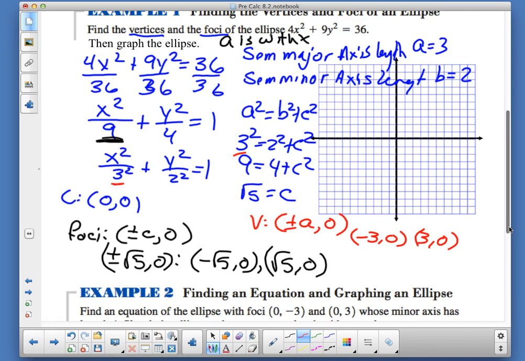Yeah, Mr. Foss. So if the center wasn't 0, 0, would you still do the same thing? Yeah, I would. It would actually be H plus or minus A, and K as a center. Okay. Because I would look at my center, and A would go positive, negative from that center.